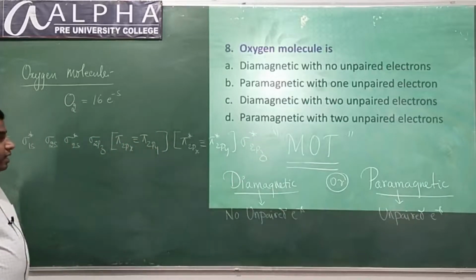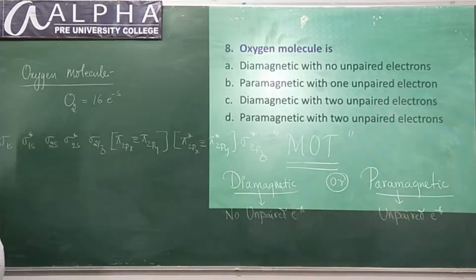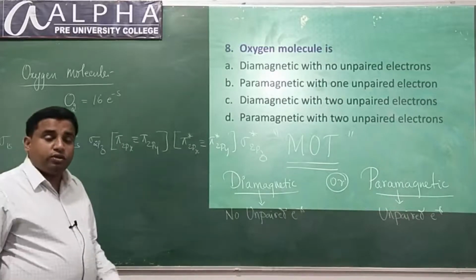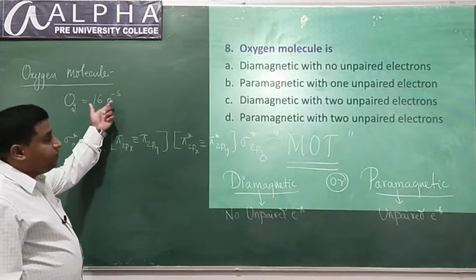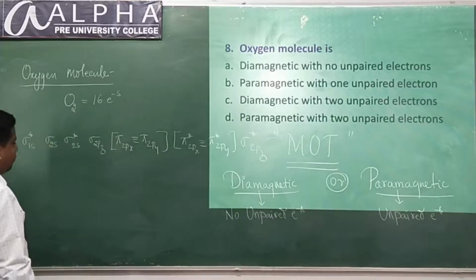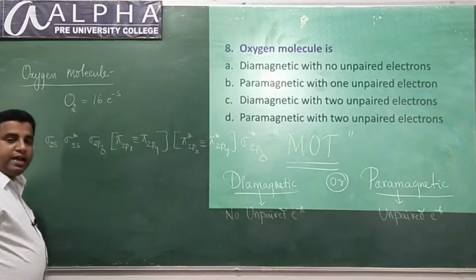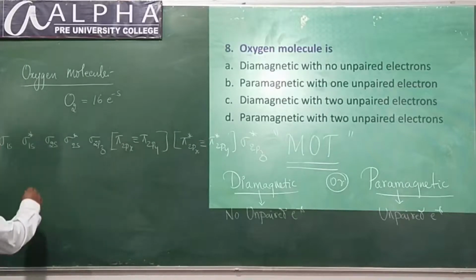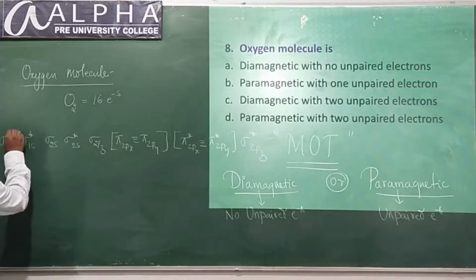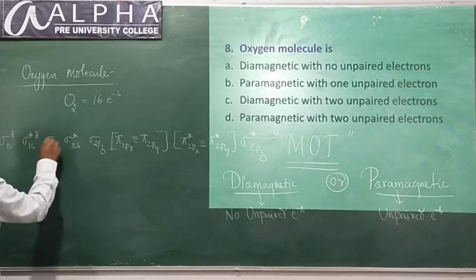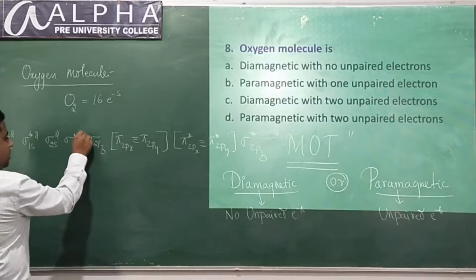Correct. Is this the electronic configuration that we used before for species with more than 14 electrons? Yes. So there are 16 electrons. Now we have to fill the 16 electrons in this electronic configuration. Come on, let us fill. Sigma 1s2, sigma star 1s2, sigma 2s2, sigma star 2s2.